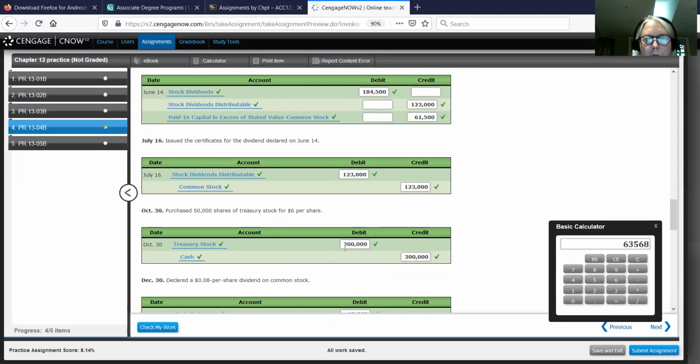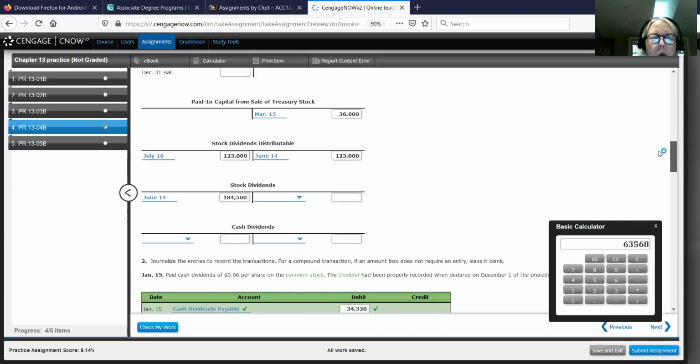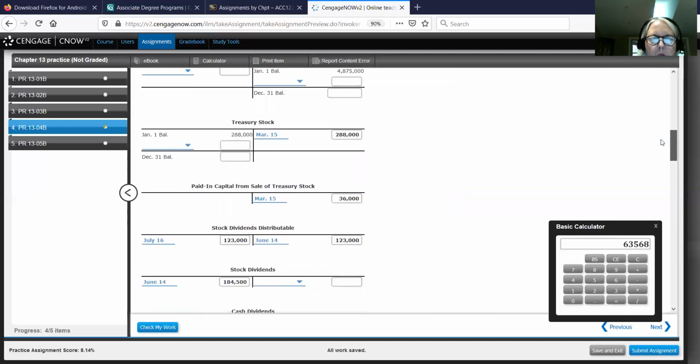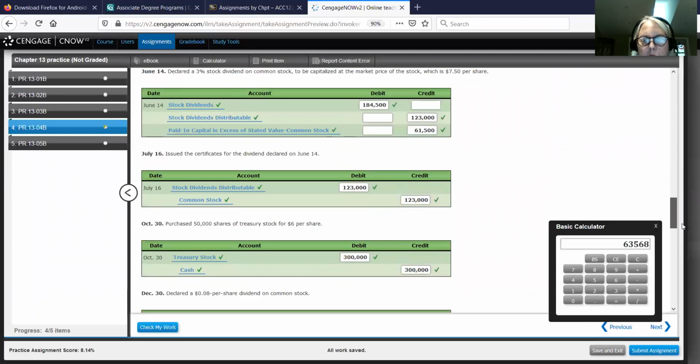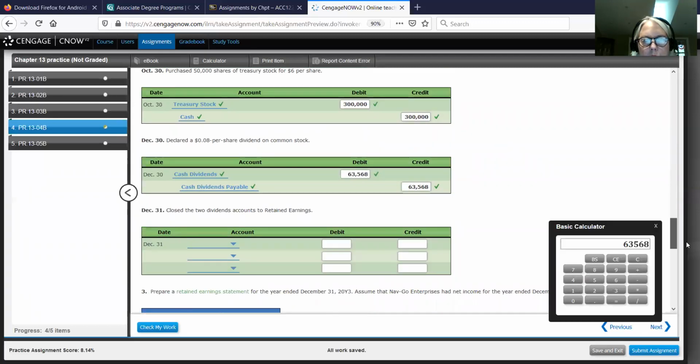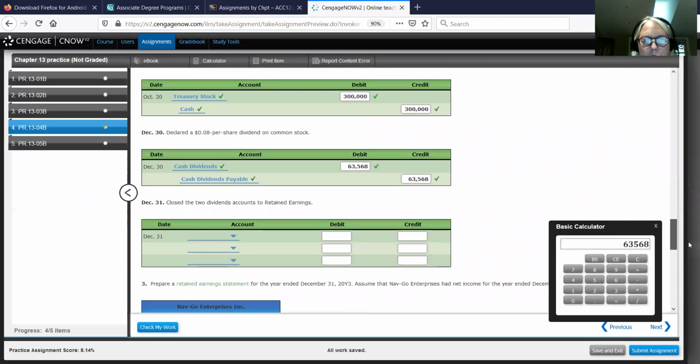We would debit our treasury stock on October 30th for $300,000. And our cash would have been credited. We don't have a cash account for a ledger account there.